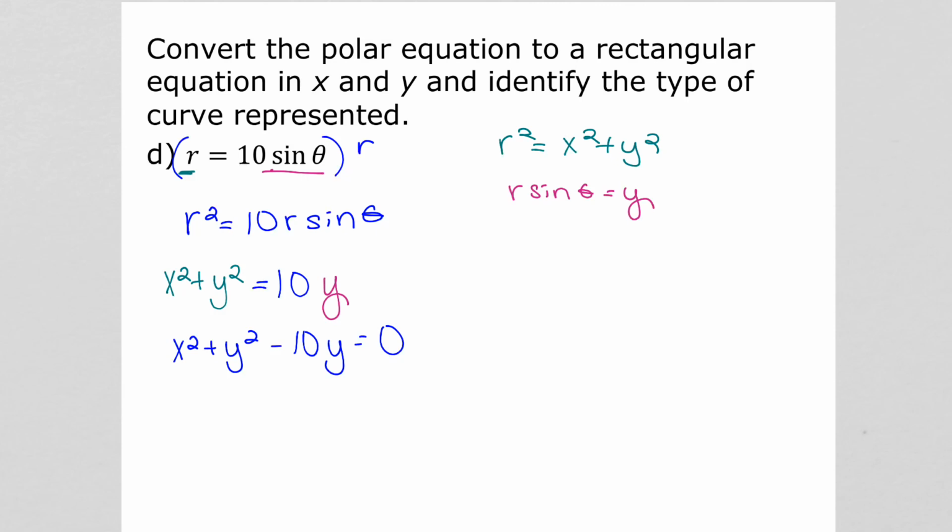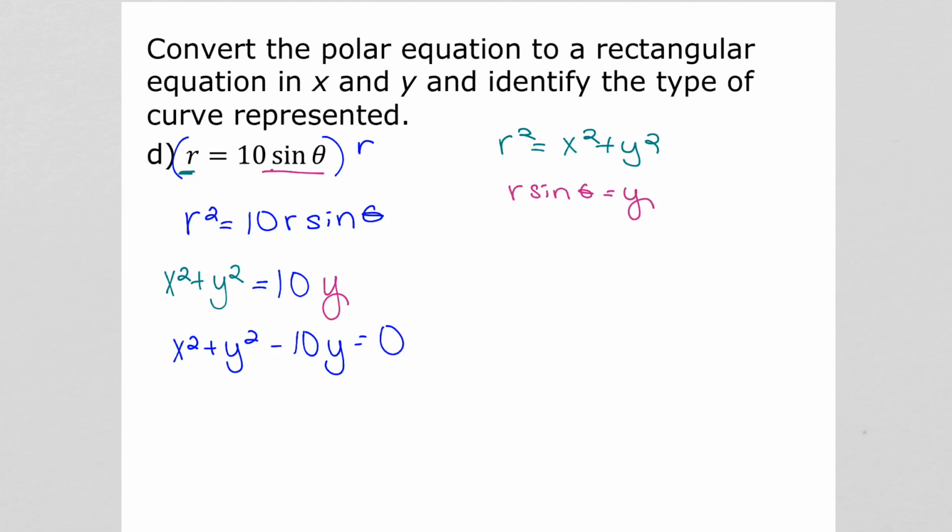We need to get this in some kind of form that's useful. x squared is fine, but having y squared minus 10y, that's not telling us what kind of graph we're looking at. While if we get it in some kind of form, y minus something, whatever, squared, then it's going to give us an idea of what kind of graph we are talking about here.